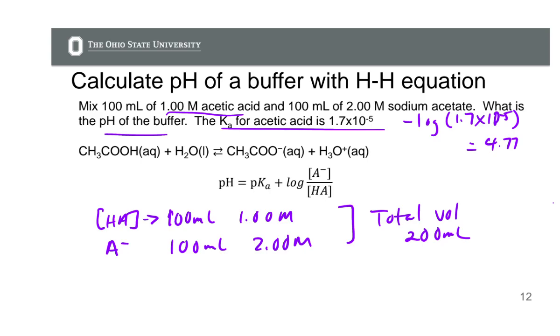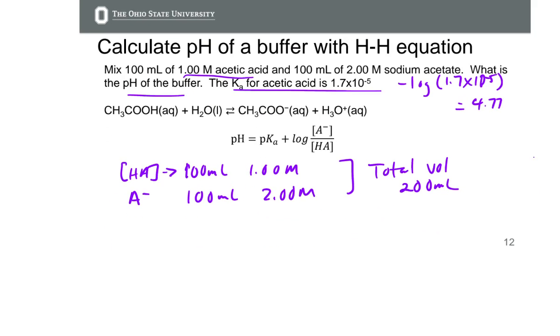So to calculate the concentration of HA with a new total volume, we need to use the dilution equation. If you recall, the dilution equation is M1V1 equals M2V2, where M is molarity, V is volume in liters. You may also have seen C1, V1, C2, V2, something like that. Same thing. So to calculate for HA, we start with our M1 is 1 mole per liter.